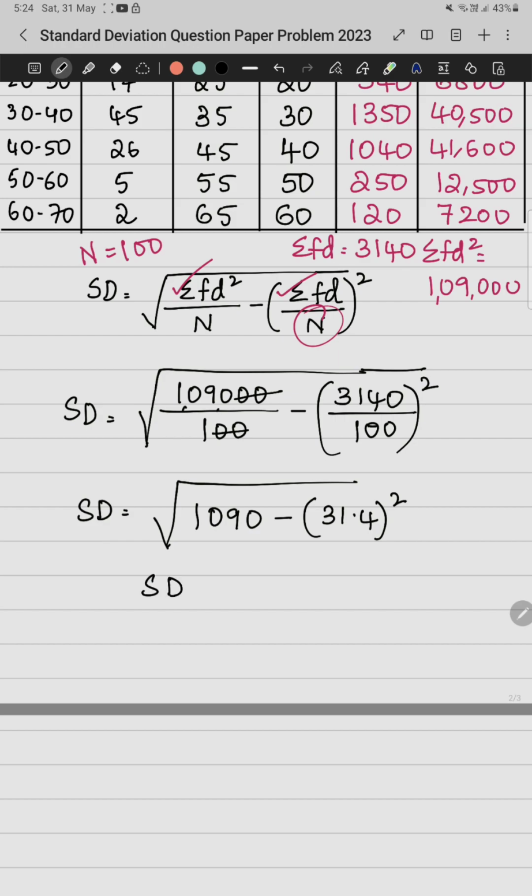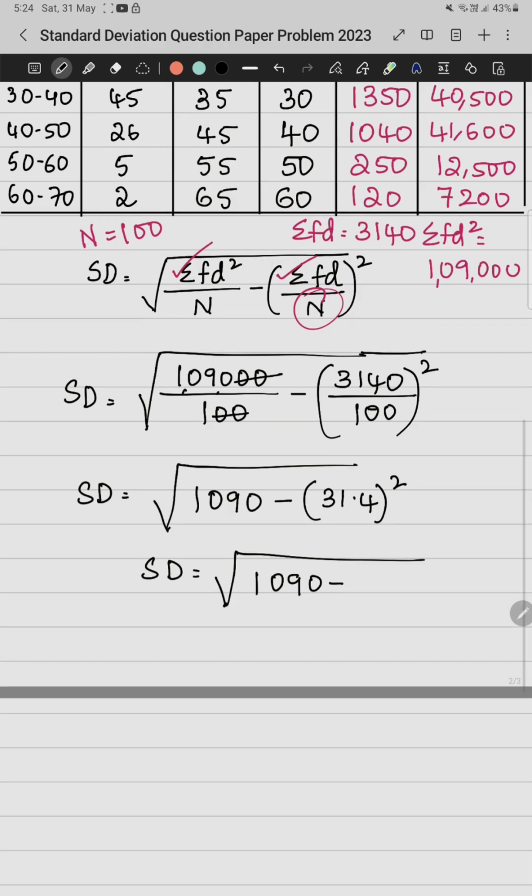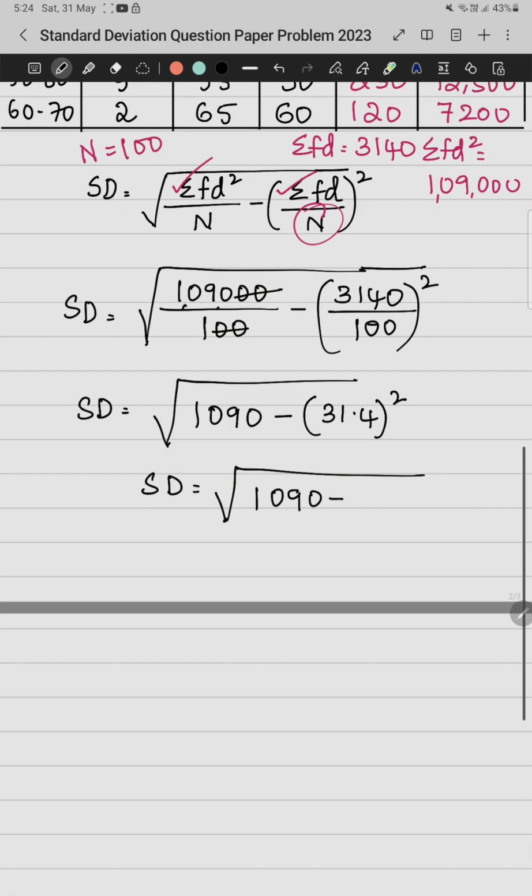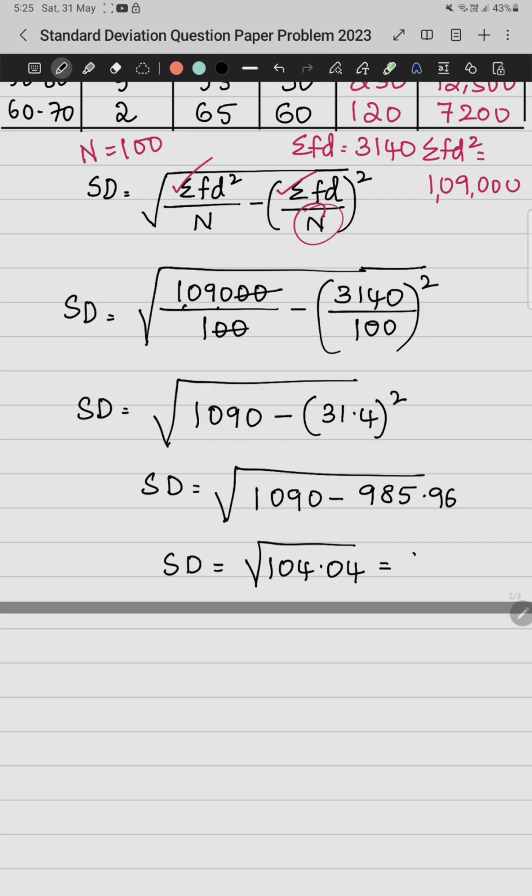So standard deviation is equal to under root 1090 minus 31.4 whole square, that is 31.4 into 31.4, which is 985.96. So standard deviation is equal to under root 104.04. So standard deviation is 10.2.